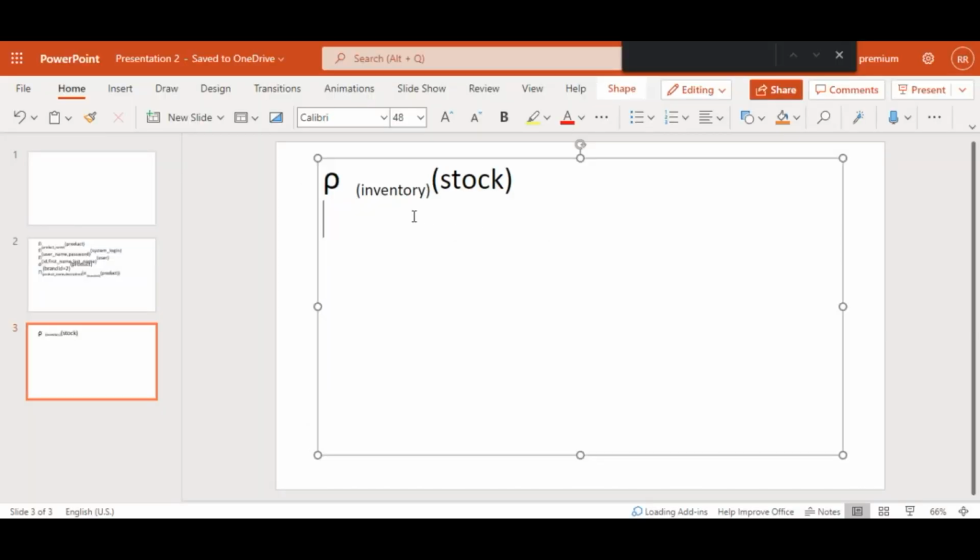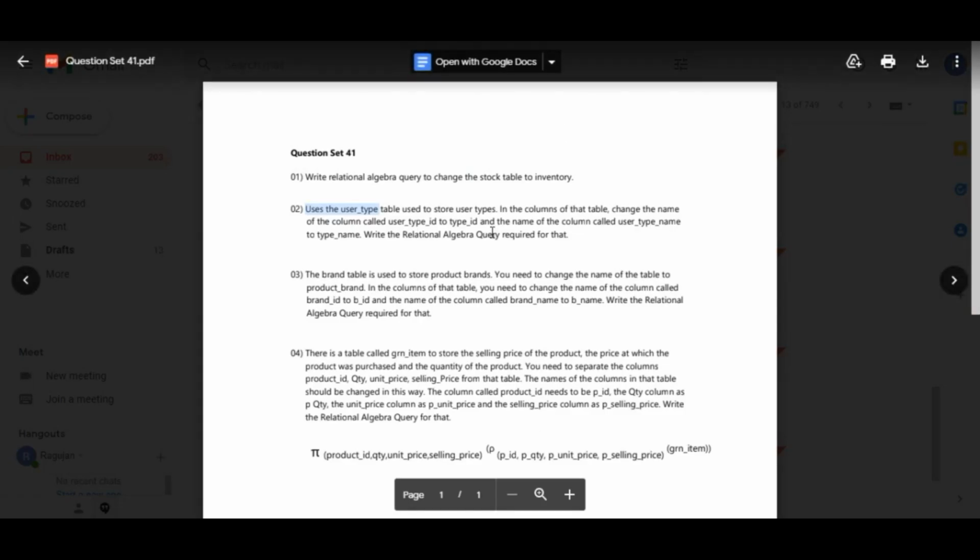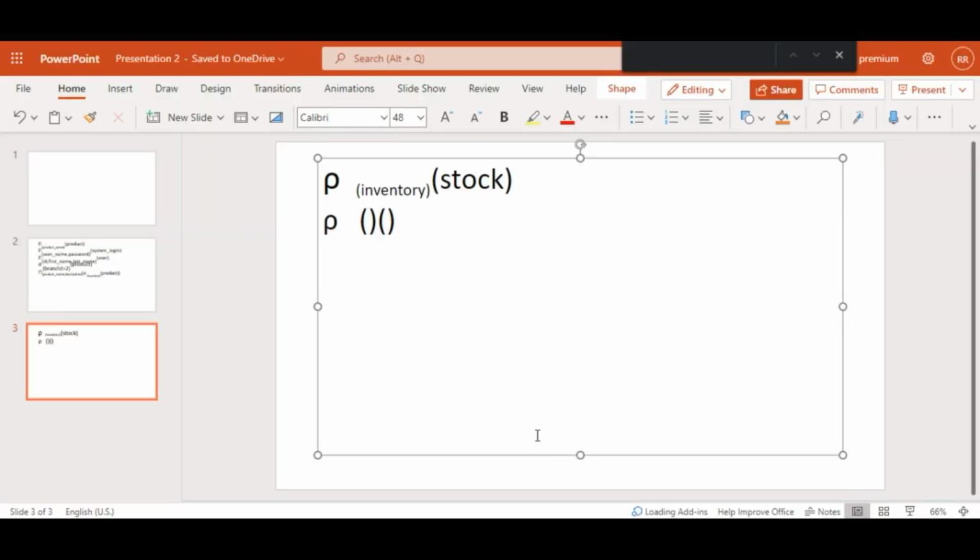In this case, this would be a rename, so we have to use the rho symbol, and here we have to mention the table name. The table name is user type, so I'm going to say user type.